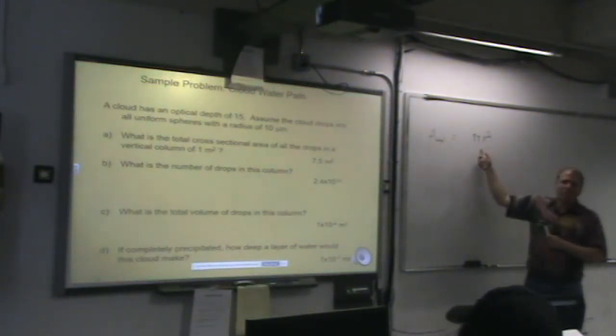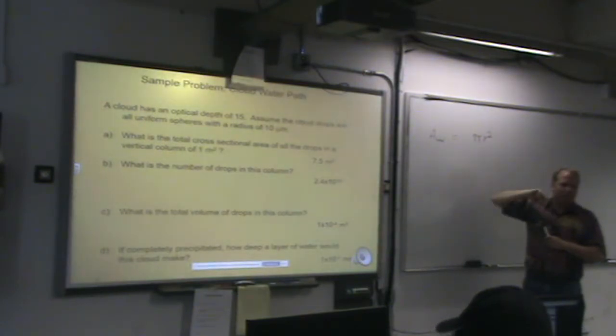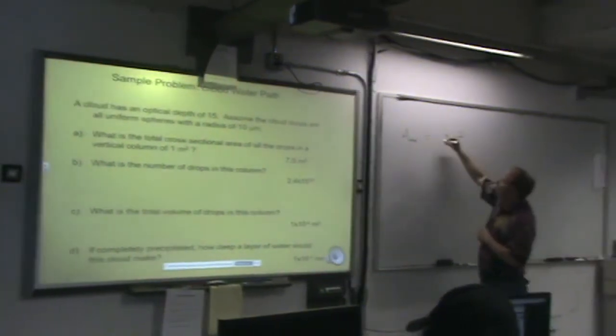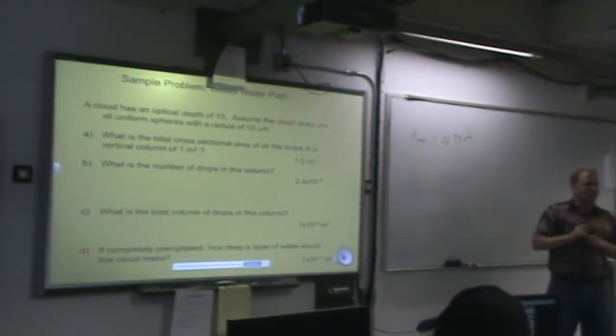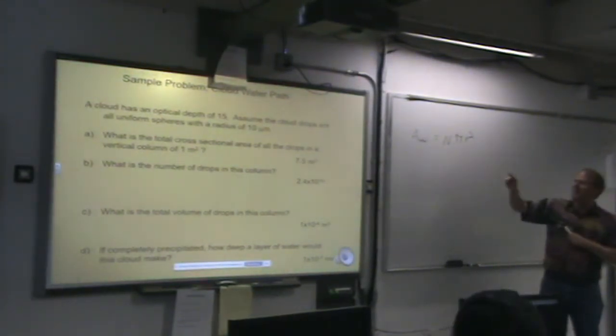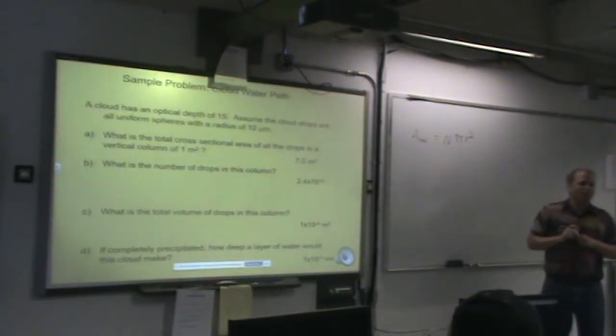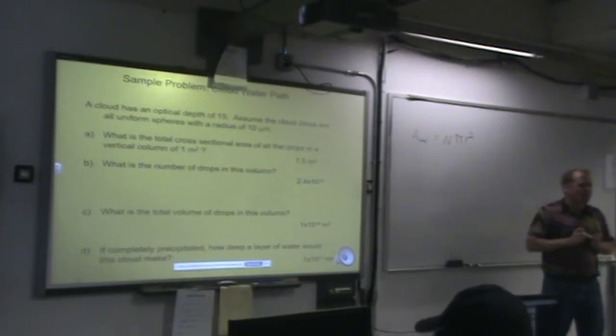Well, yeah, but this is one drop. What else do I need for the total area? How about the number of drops, right? Based on this, can you now figure out how many drops there are in that column? Okay, work out the number of drops in the column.